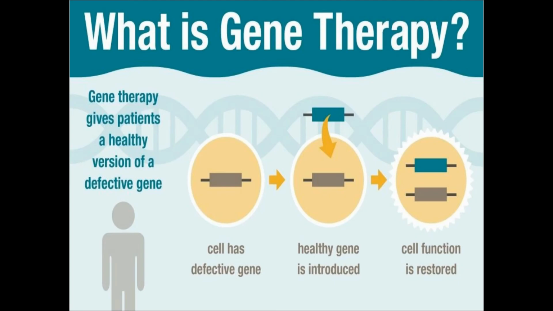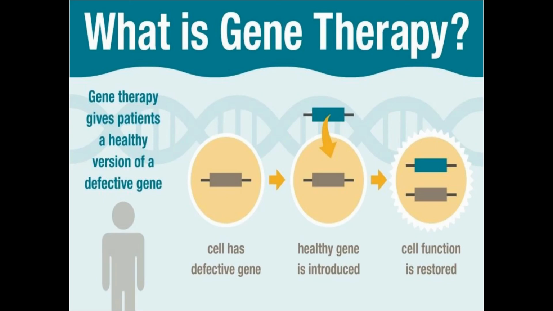So gene therapy is a process that involves the transfer of a normal gene into the person's cell which is having the defective gene. Because of this, the expression of the normal gene in that person results in a functional gene product. This will produce normal phenotype and the person's disease will not be expressed.